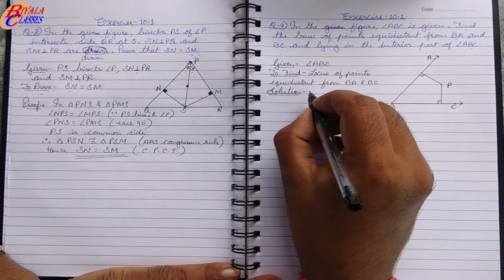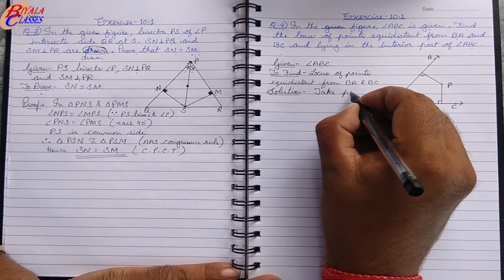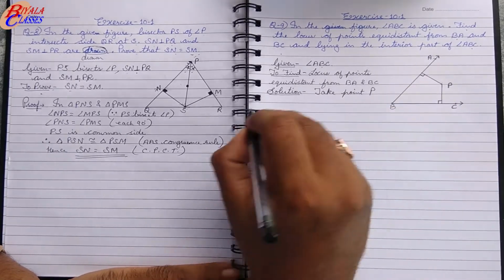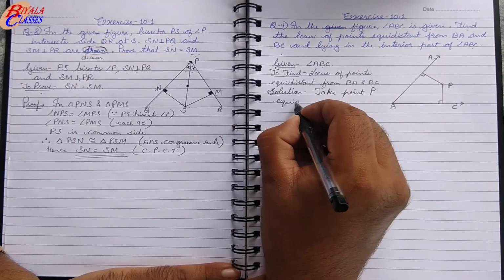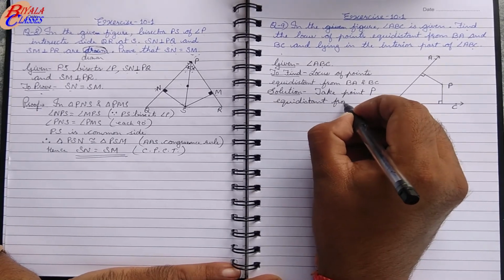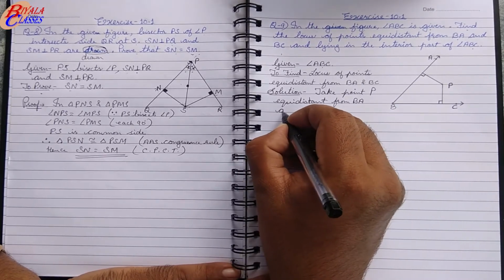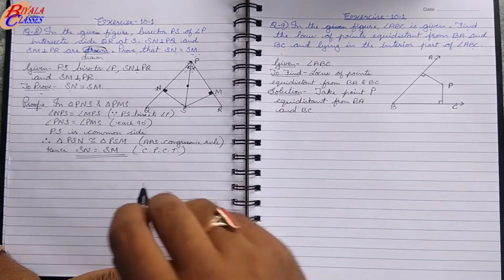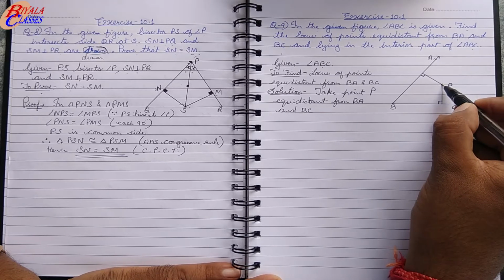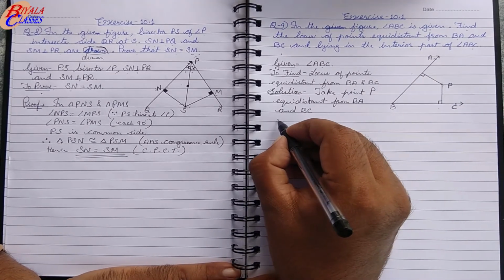So let's have the solution of this. Take a point P equidistant from BA and BC.